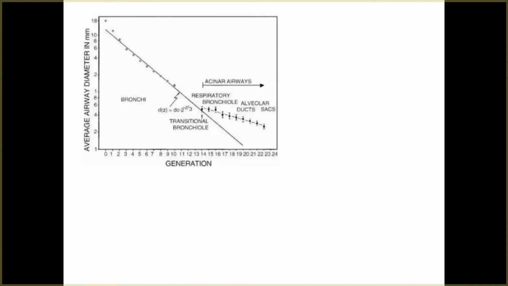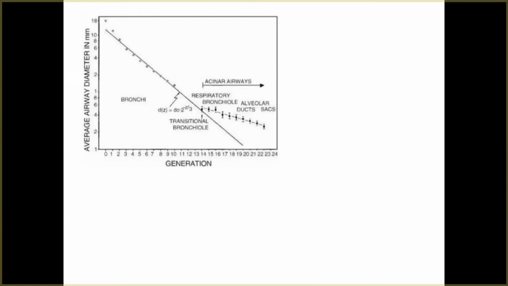So what we are looking at is the ratio of the diameter in generation Z divided by the diameter in the previous generation Z-1. Okay, so that means basically by how much the diameter is reduced from one generation to the next.